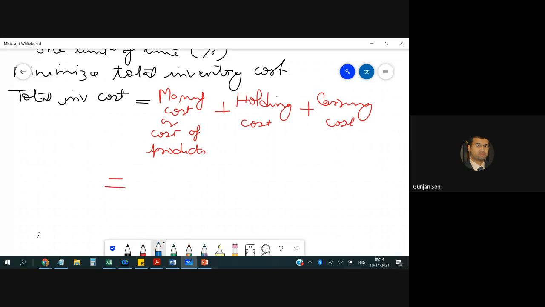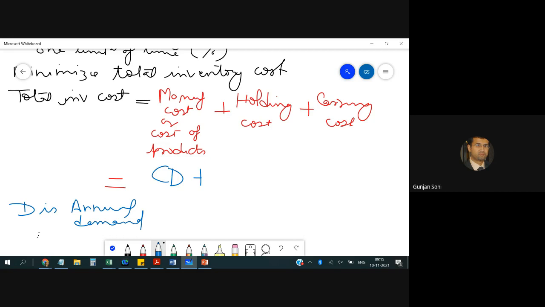Okay, so your manufacturing cost, you can say, is C into D, or you can say material cost. It has all the things included in it. Material cost, that is simply making it. Like you have machines, you have raw material, so all that cost is C into D, where D is the annual demand. I forgot to write that right here. D is the annual demand.